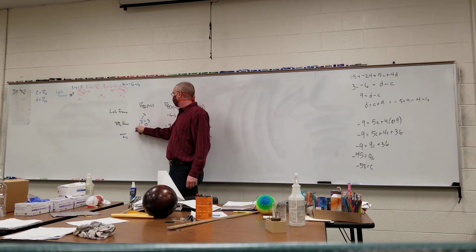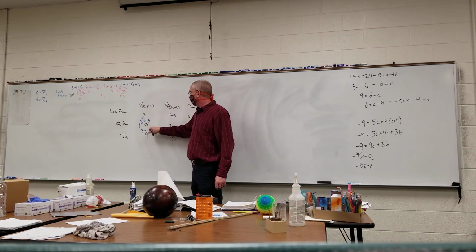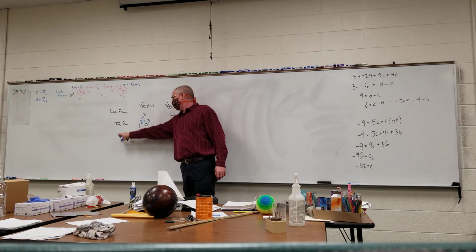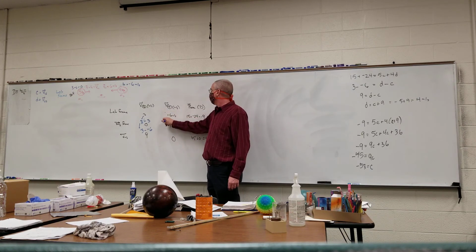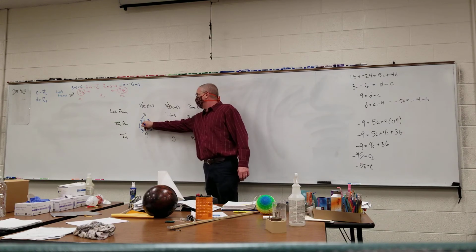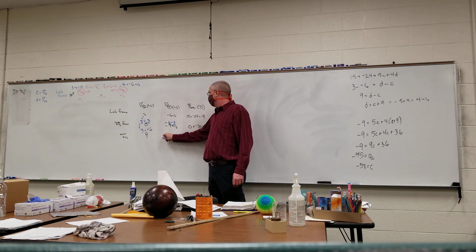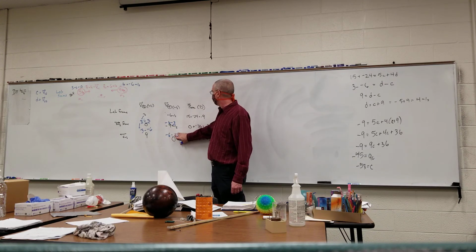Where that 3 comes from is how fast it's going in the lab frame, and then I subtract whatever my frame velocity is. This would be negative 6 minus 3, again subtracting 3 both sides. And then negative 6 minus negative 9. Let's try that again. Negative 6 minus negative 6.